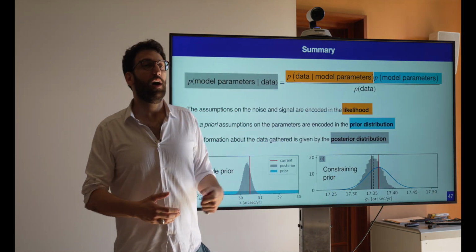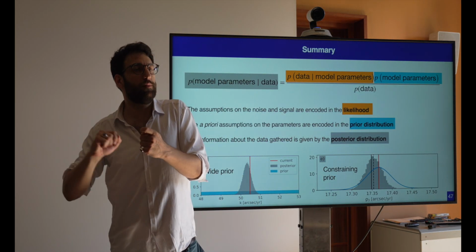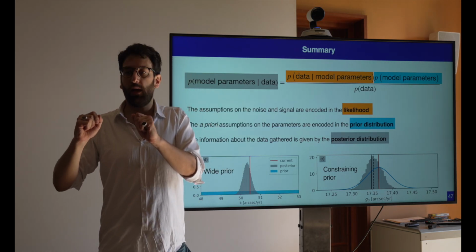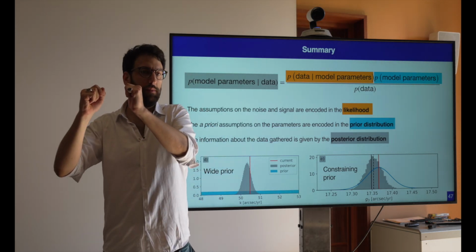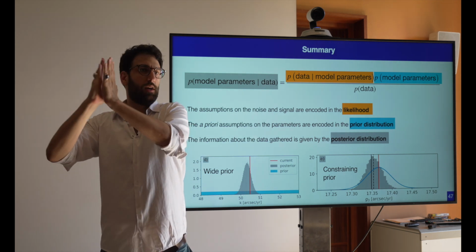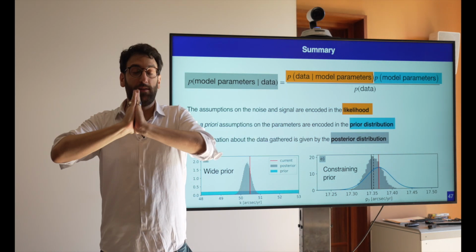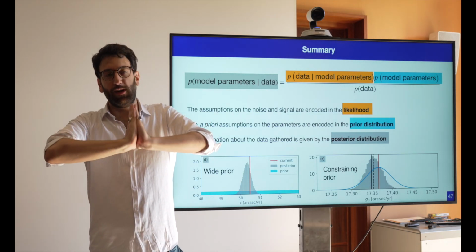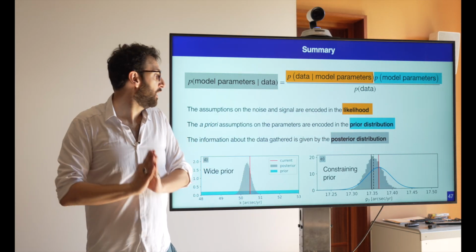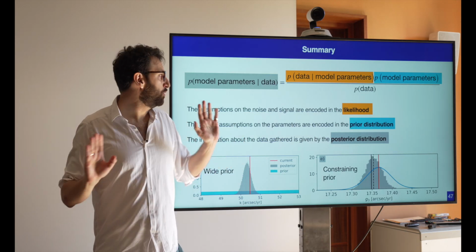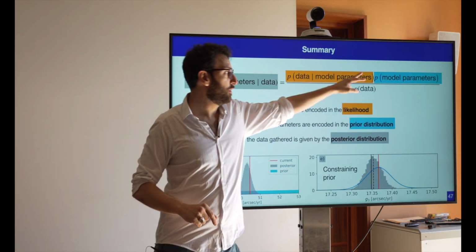You can't just say, oh, actually, I want to increase a little bit my precision on the parameters, I'm going to reduce the degeneracy between parameters, so I'm just going to put tighter priors. And actually, this is a great way to end this lecture. You never, ever put information from the data in the prior.